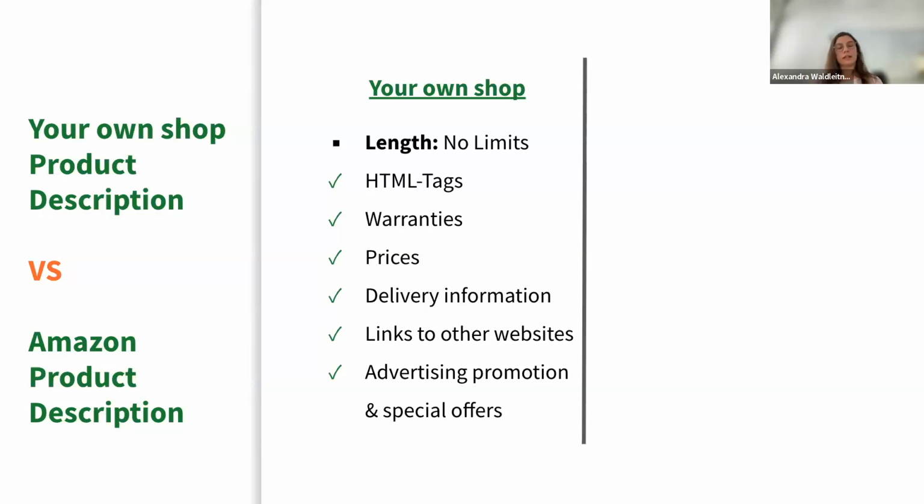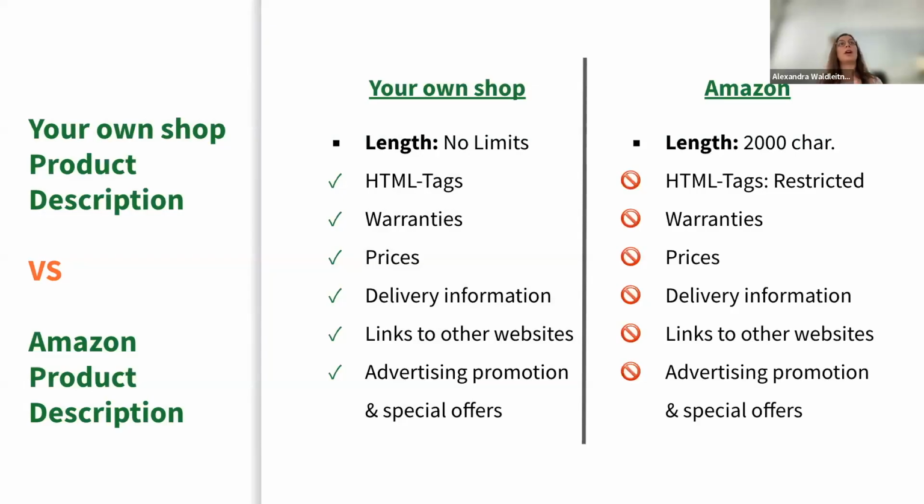So if you sell the same products at Amazon as well, you don't have the same freedom here. So you have to stick to some requirements here. So first, your texts are not allowed to be longer than 2,000 characters. Since 2021, there's a restriction in HTML tags.